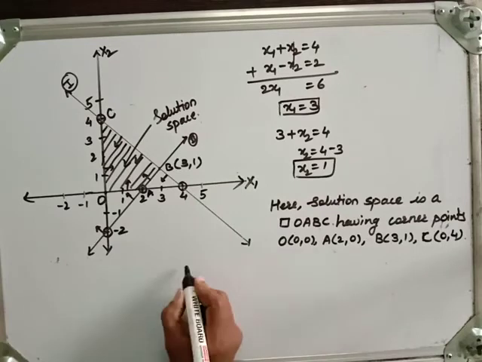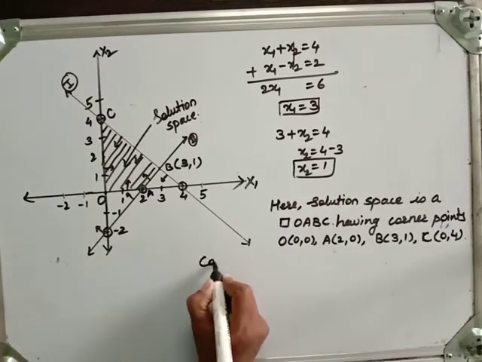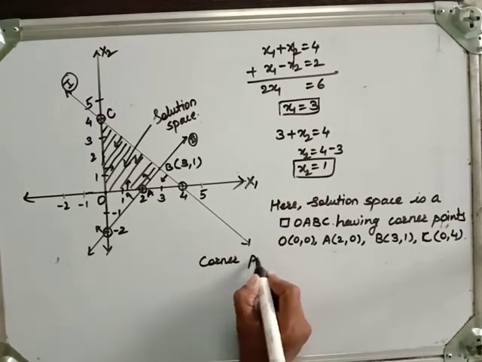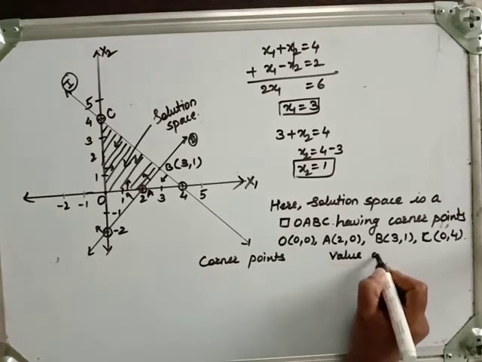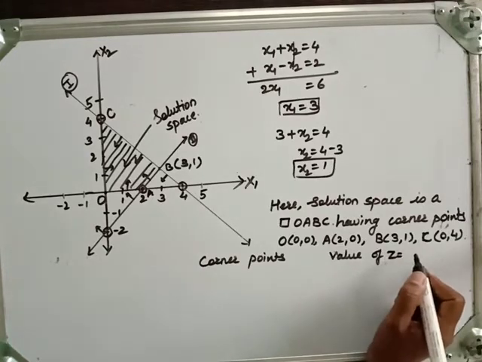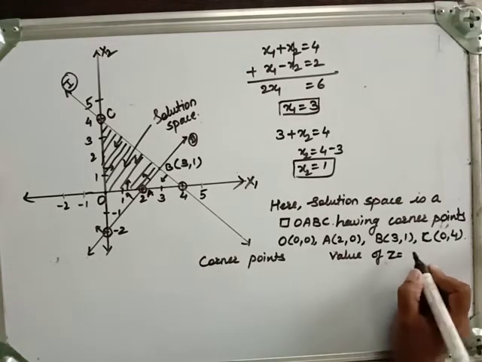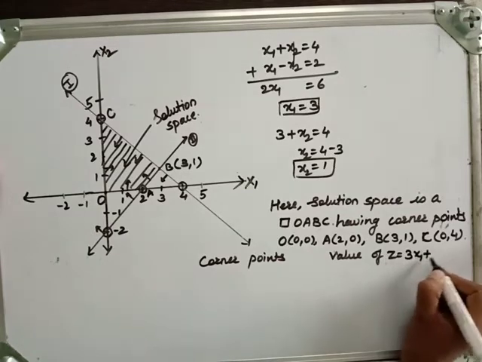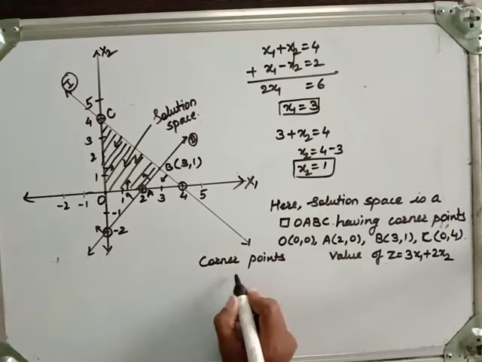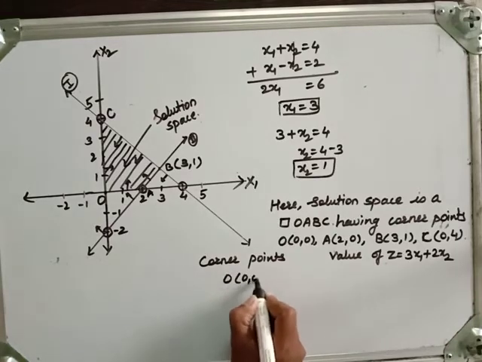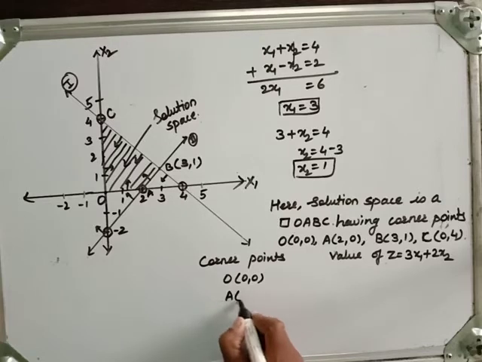Okay, now let us check the value of Z. I will write corner points and value of Z. What is Z here? Z is nothing but 3x1 plus 2x2. You can check, we have already written this in an example previously. So origin 0, 0; A 2, 0; B 3, 1; C 0, 4.